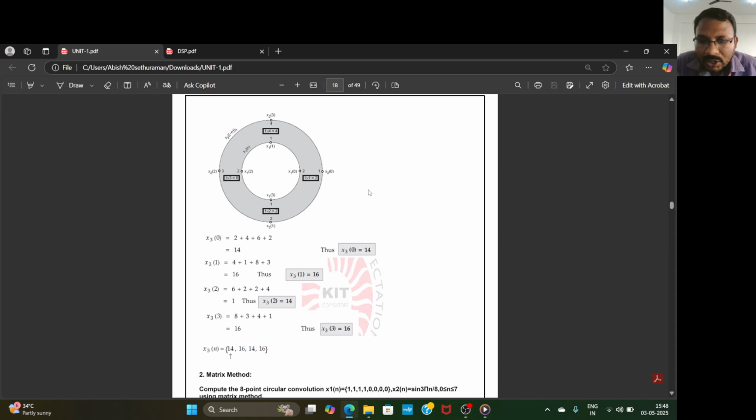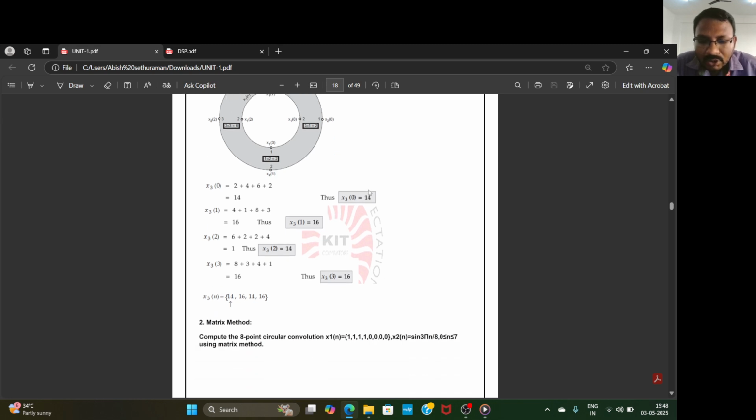Similarly x3 of 1 equals 4 plus 1 plus 8 plus 3, which is 16. In a similar fashion, x3 of 2 is 14 and x3 of 3 is 16. So the output sequence x3 of n is 14, 16, 14, 16. This is the circular convolution output for 4-point samples.